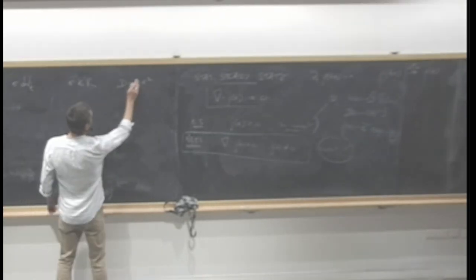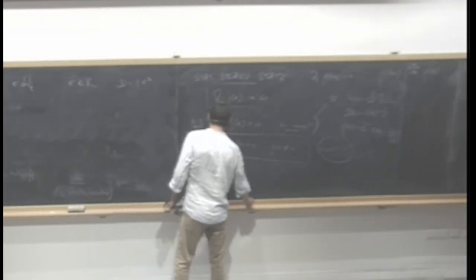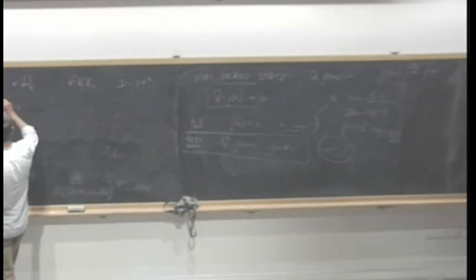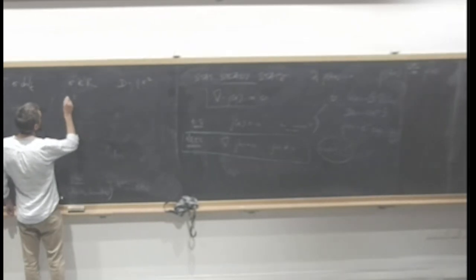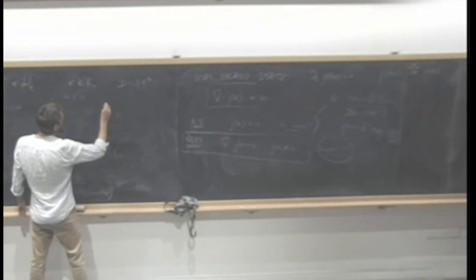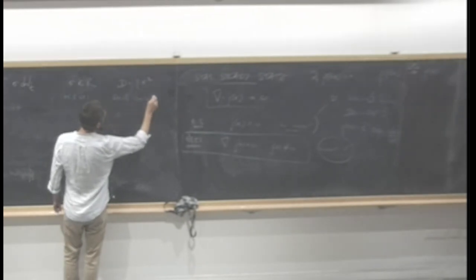And I'm going to do something else that is very important: I'm going to scale this by a square root of epsilon. And we're going to look at the case where epsilon is small, so we're going to look at what's going on in the small noise limit.